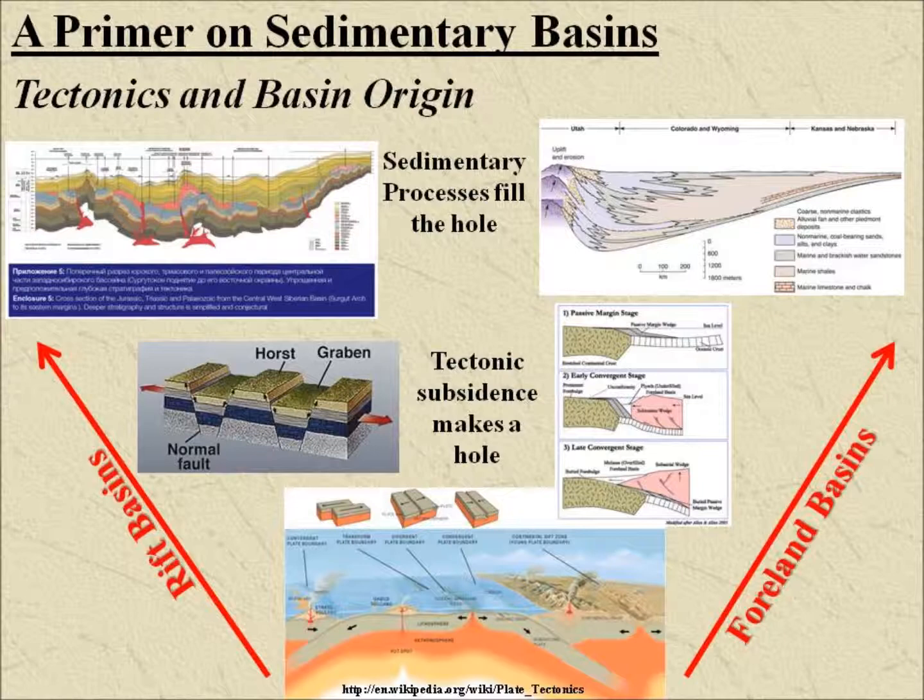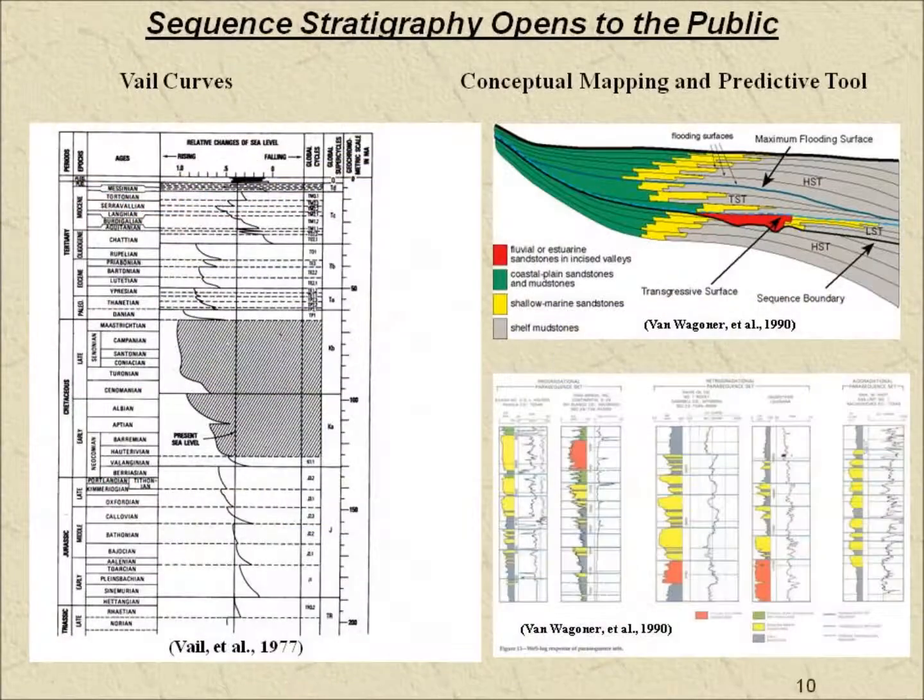What you get in here is going to be a reflection of the rate at which sediment is coming in versus the rate at which we're generating space to store it. We have lots of different ways that we've been attacking this over the years. Sequence stratigraphy is a favorite one.